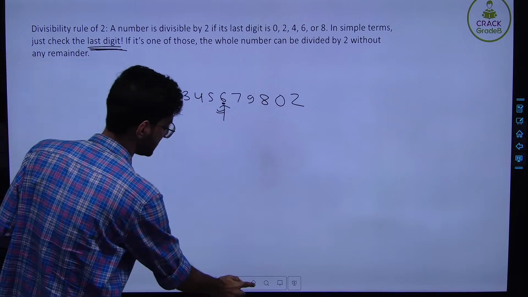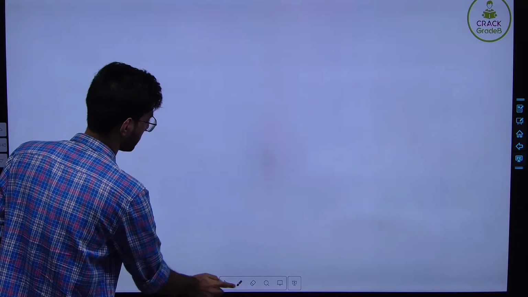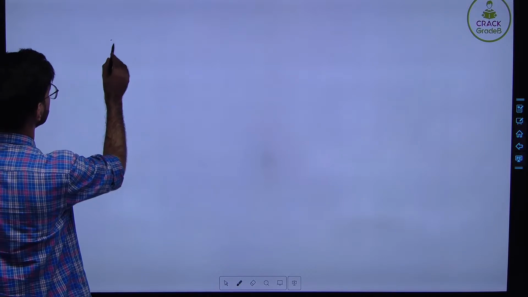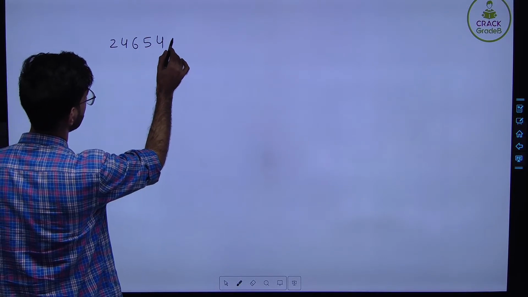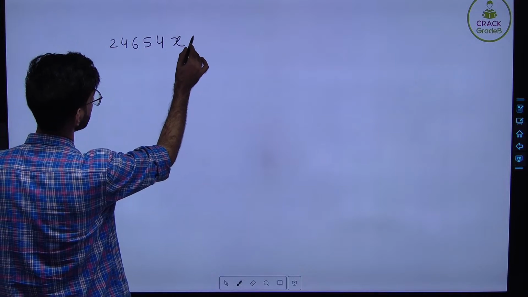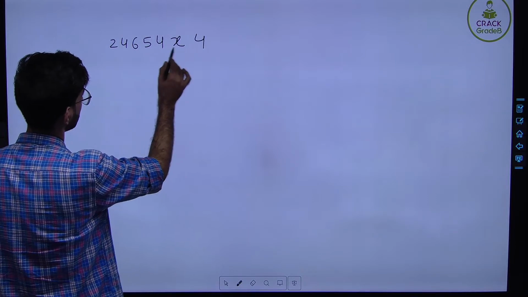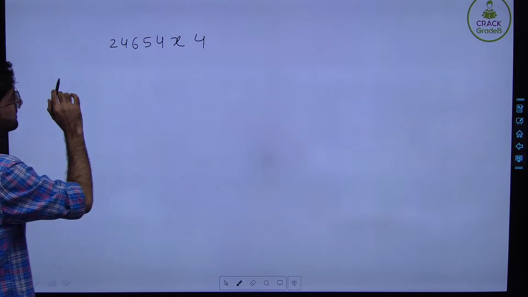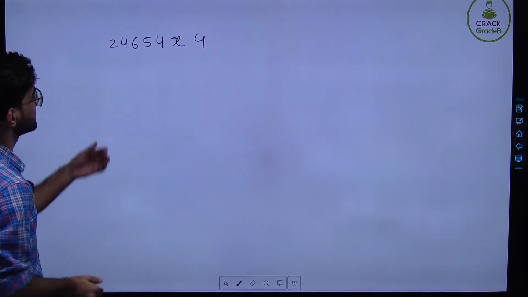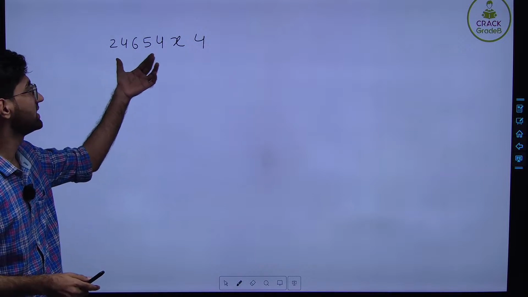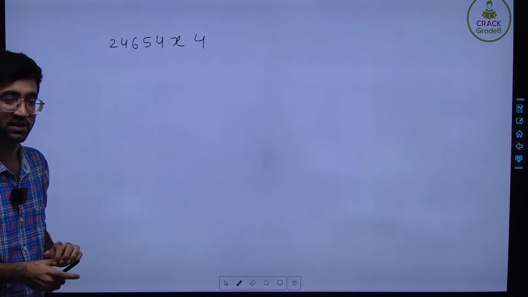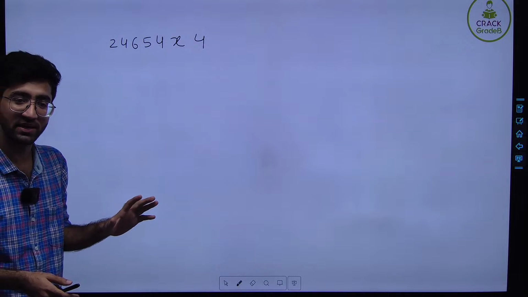Okay, let me erase it. See, it has been given that there is a 7-digit number. Listen carefully, there is a 7-digit number that is divisible by 2.